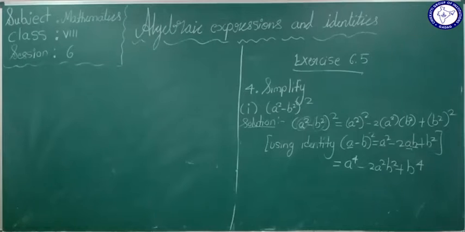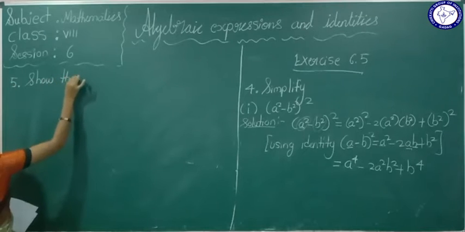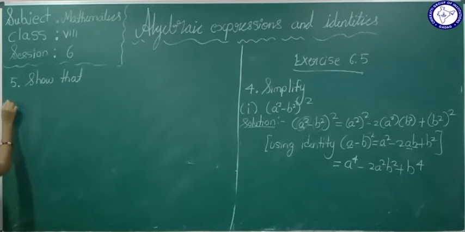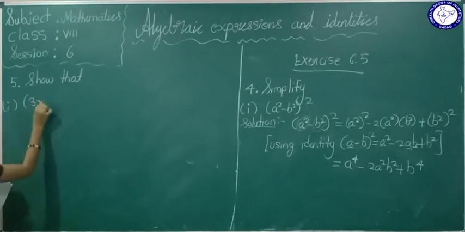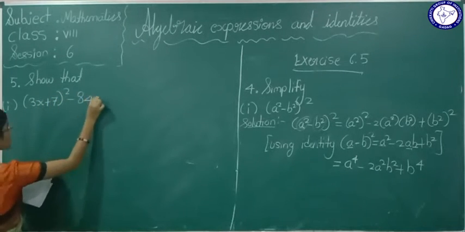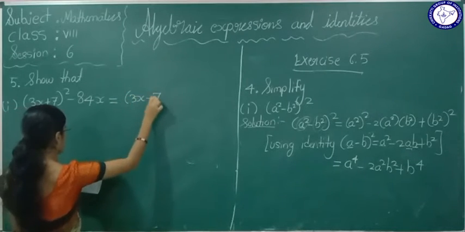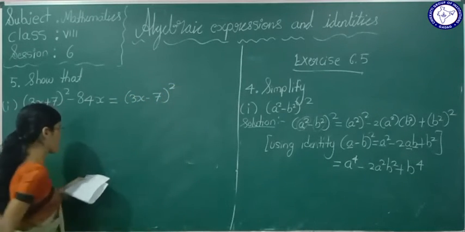Now we will see the fifth main. Show that (3x + 7)² - 84x = (3x - 7)².